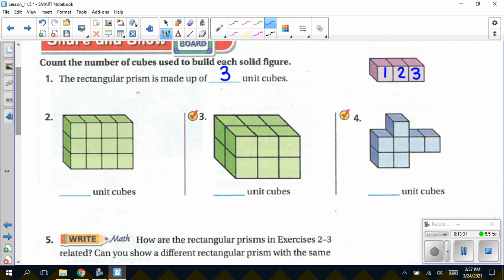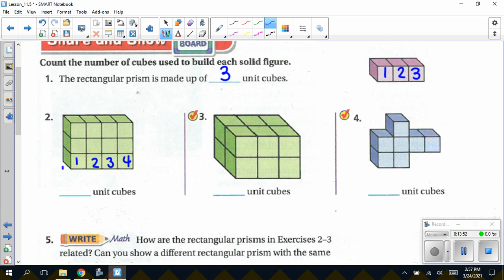For number 2, I see that there are 1, 2, 3, 4, and then I could continue counting, or I would say that they're going up, we would also have 3 going up. So I can take 4 times 3, which does equal 12.